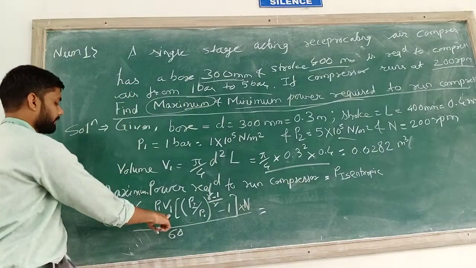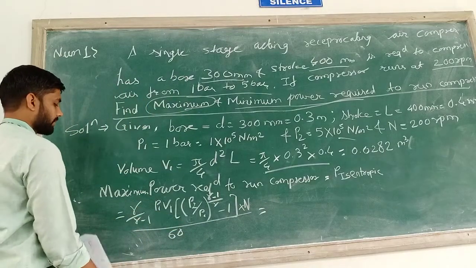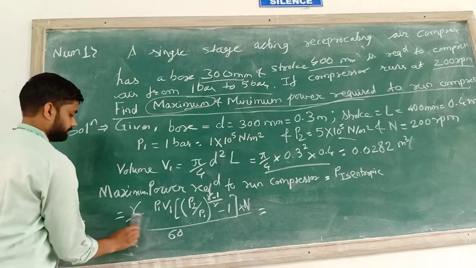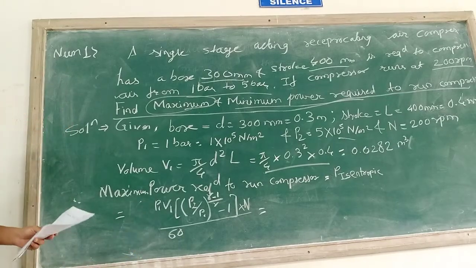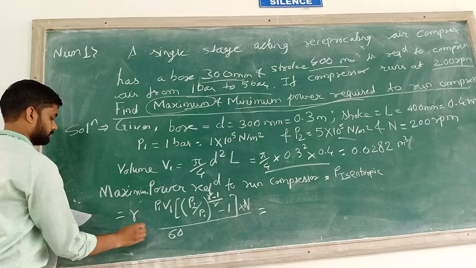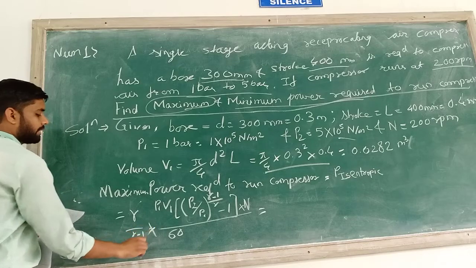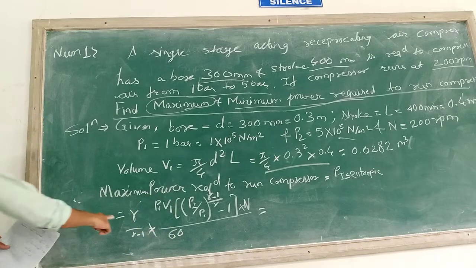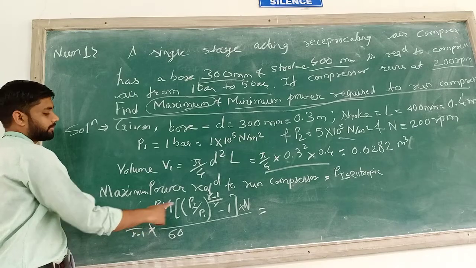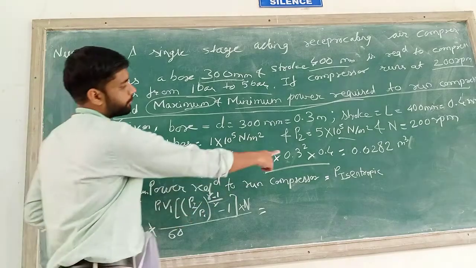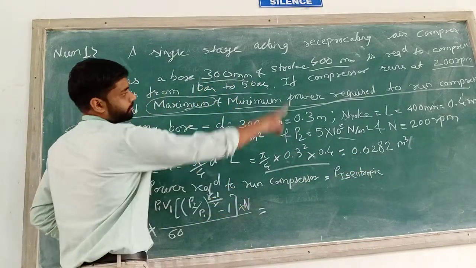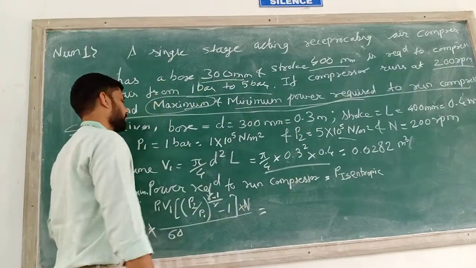Here the value of gamma is already known to us. Value of gamma is 1.4. Value of P1 is 1 into 10 to the power 5. Value of V1 is 0.0282 meter cube. And value of L is 200 RPM.